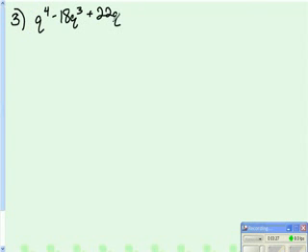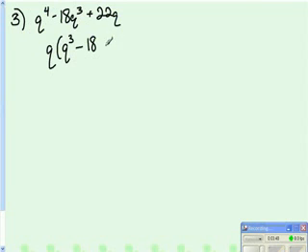If I don't have anything that I think I can use greatest common factor with, I can start by what do I know is in all of them. Well, I have a q in all of them. I could take that out. So if I divide out a q, q to the 4th divided by q would be q to the 3rd, because 4 minus 1 is 3. Okay, I would still have 18.